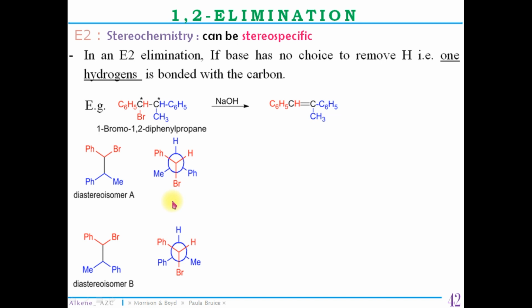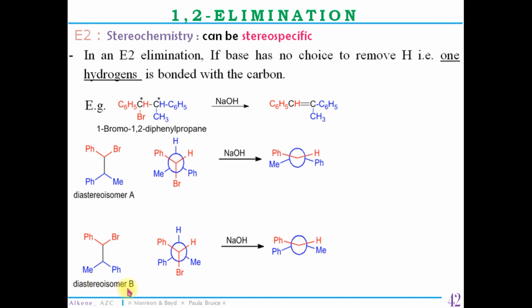Now if we have diastereomer A, then when it reacts with sodium hydroxide, this base abstracts hydrogen from this beta carbon and we will get this type of alkene where the phenyl groups are on opposite sides.